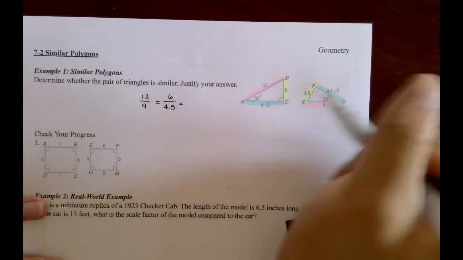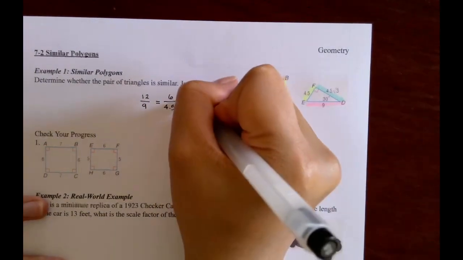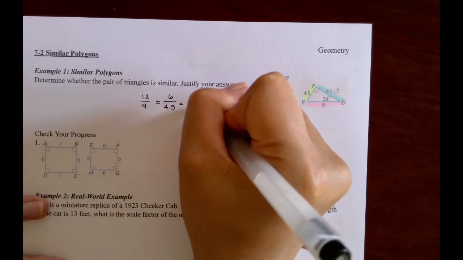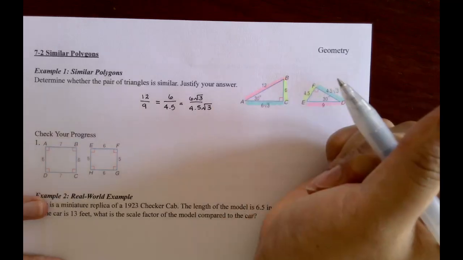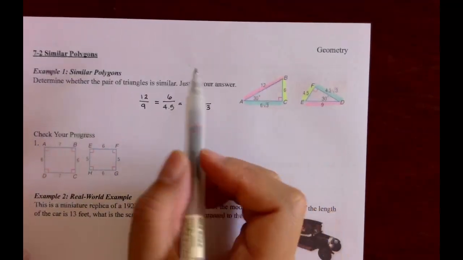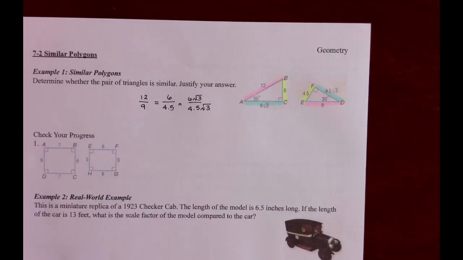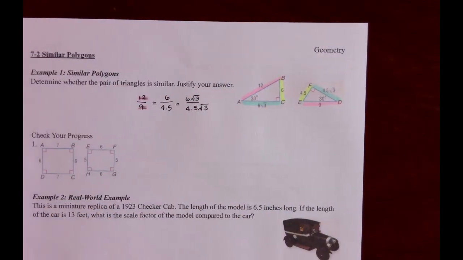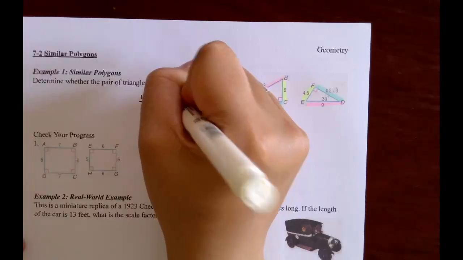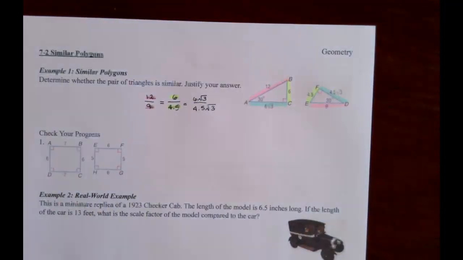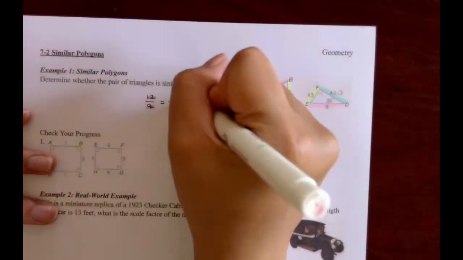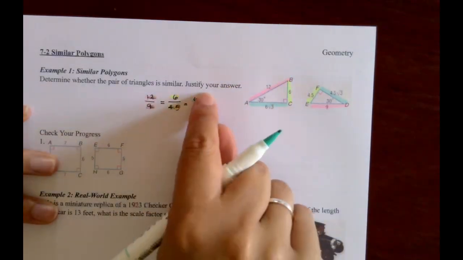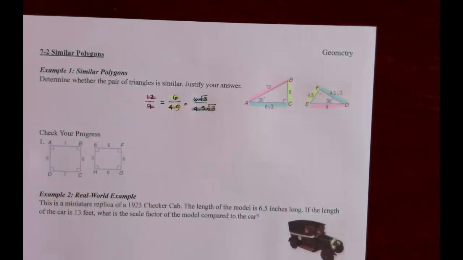And then this 6 square root of 3, and 4.5 square root of 3. Which one's on top and bottom doesn't really matter. Whichever one you pick first doesn't matter, but after that you need to stay consistent. Note that all of the measurements for this triangle are here on top, and all the measurements of this triangle are here on the bottom.